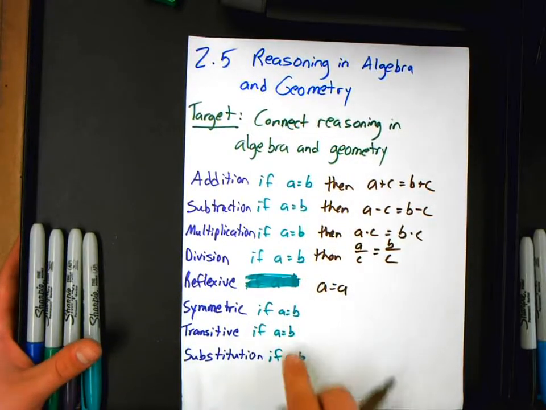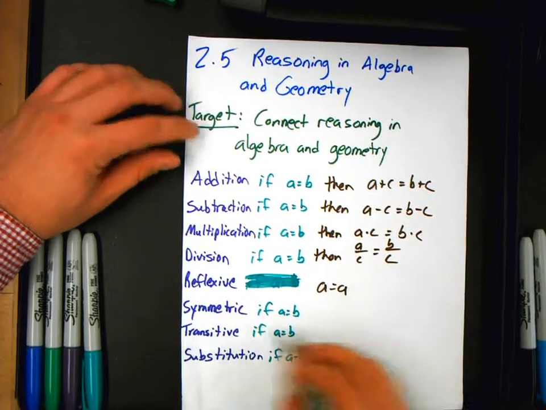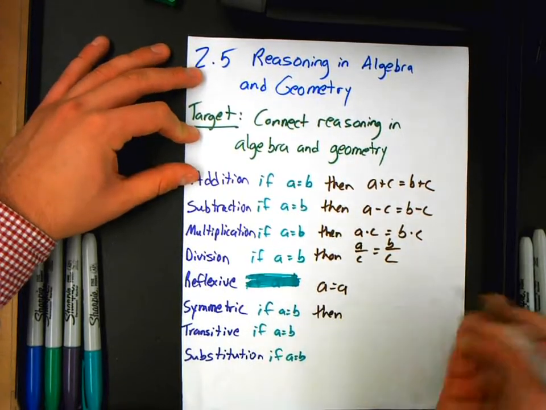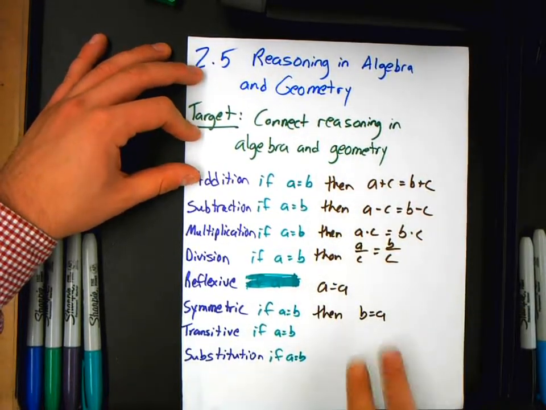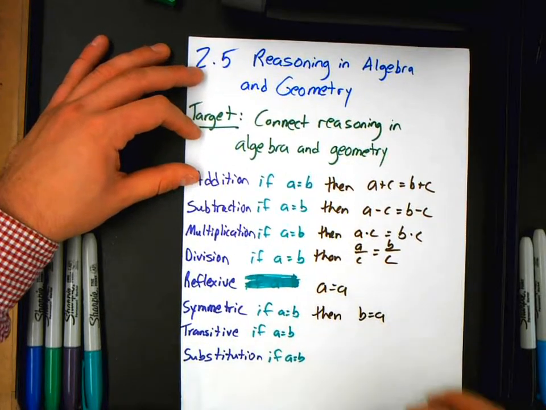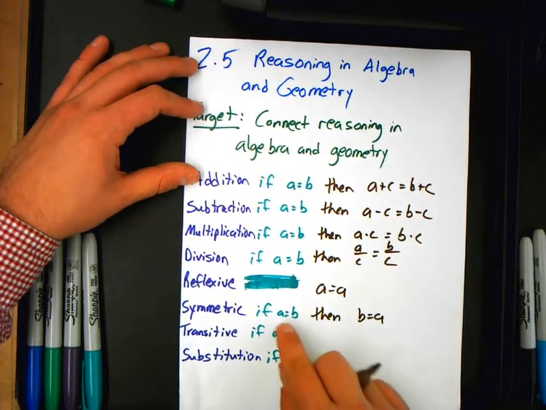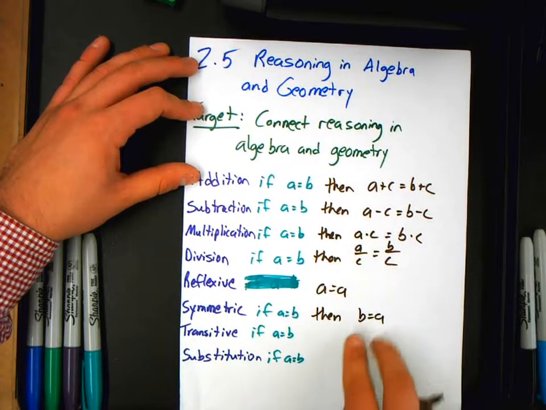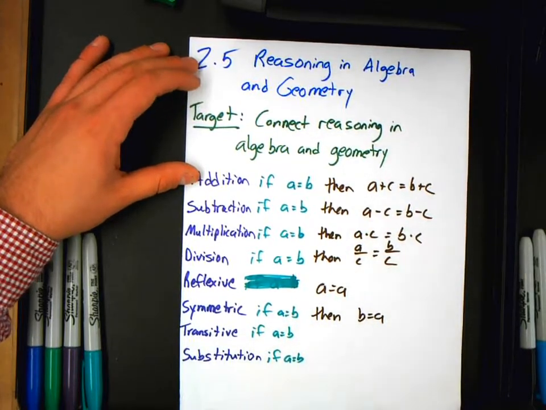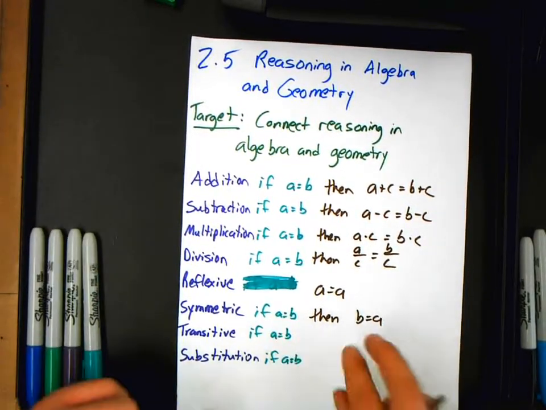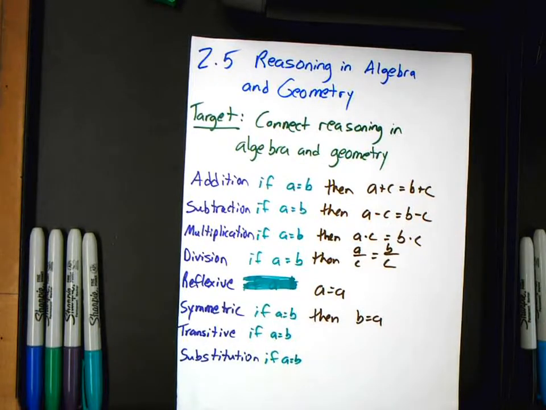Now symmetric is if A is equal to B, left to right, then you could say that B is equal to A as long as you switch the sides and they are still equal. So if 2 is equal to 2, then 2 is equal to 2 as long as you're switching each side. It really doesn't matter. So they're symmetric, or flipping, both sides are equal to each other.